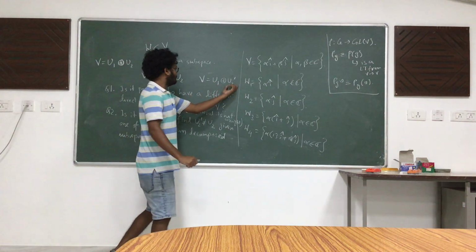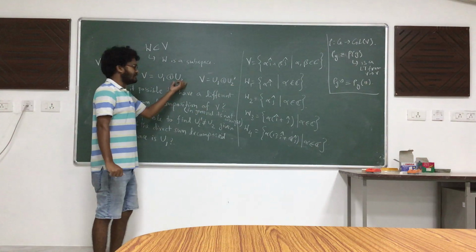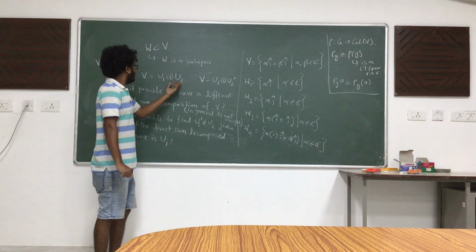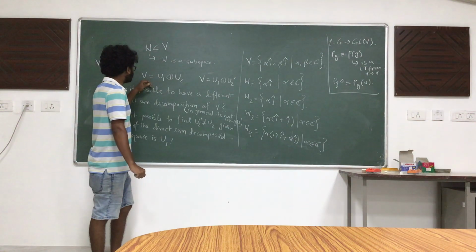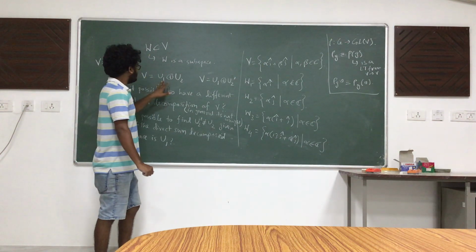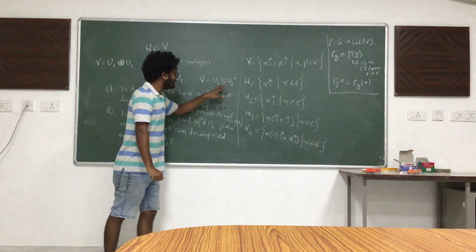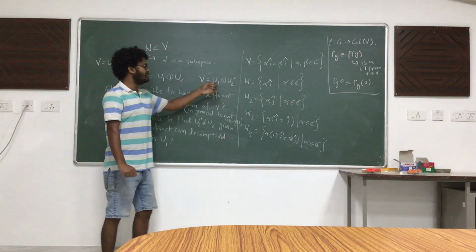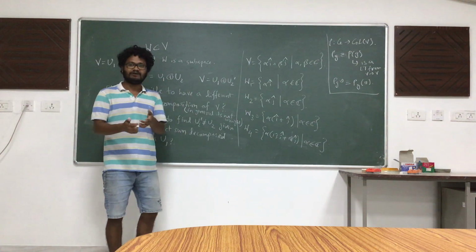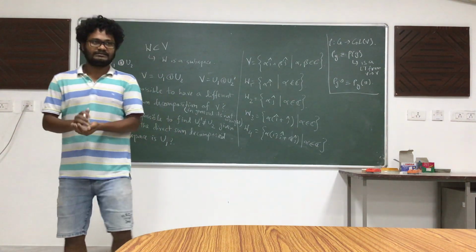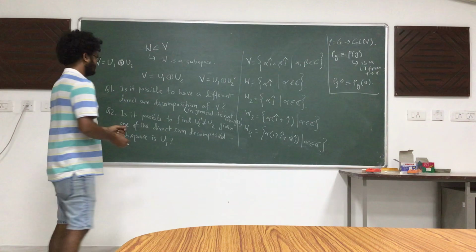Whether this U2 is unique given U1 or not? In other words, what I am asking is, let us say V is U1 direct sum U2, and V can also be written as U1 direct sum U2 prime. Whether U2 and U2 prime should be the same or they can be different, given U1 fixed.